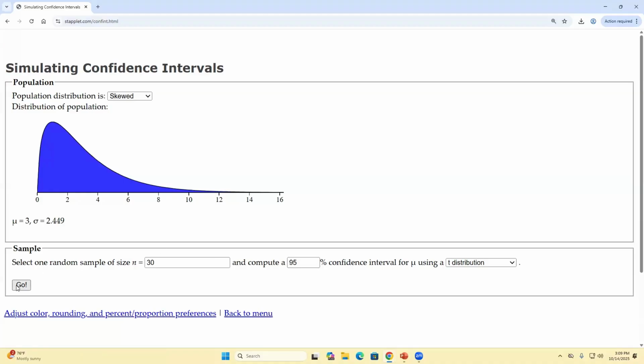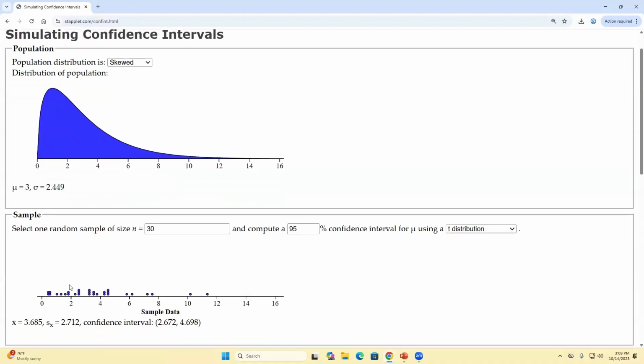Then we hit go here, and the first thing that you see is that this is your sample distribution. These are 30 dots that came out of this population here. With these 30 individuals that created a sample, we have a sample mean of 3.685, and we have a sample standard deviation.